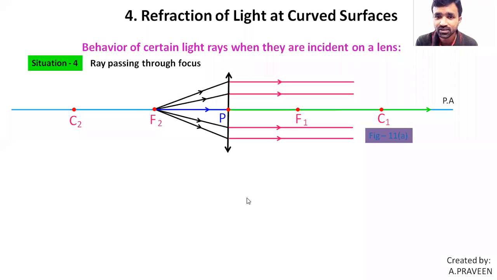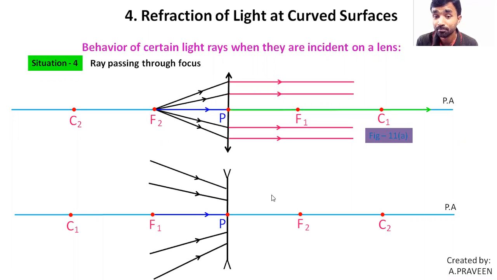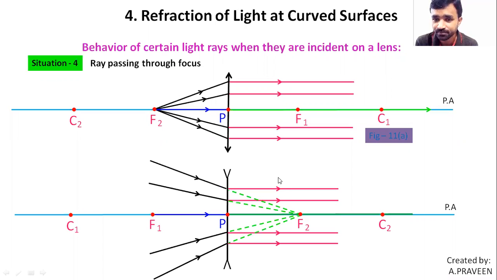If it is a double concave lens, they also become parallel. But here they cannot pass through the focus. They appear to meet at the focus instead. So the light rays are like this. If you extend them, they appear to meet at the focus, but they cannot actually meet. After refraction, they become parallel to the principal axis.